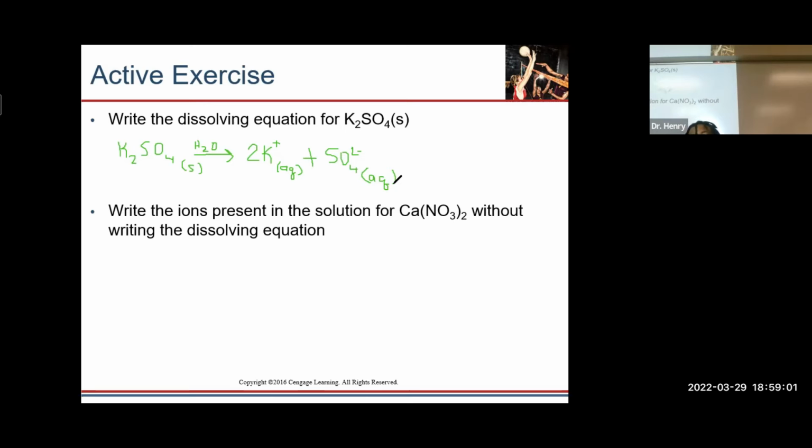Okay, the second part, ions. Write the ions present in solution for calcium nitrate without writing the dissolving equation. So we just want the ions. What ions are you going to get?